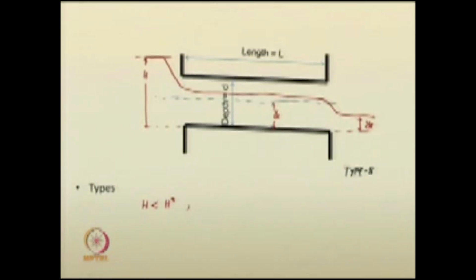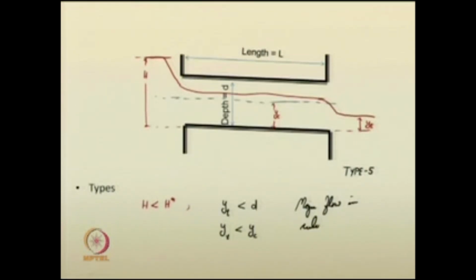Now, you also have YT less than D, so hydraulically short, and YT is less than the critical depth flow inside the barrel. So the flow inside will be subcritical, the major flow in the culvert is subcritical, and only at the outlet it goes into the supercritical depth YT, which is less than the critical depth.